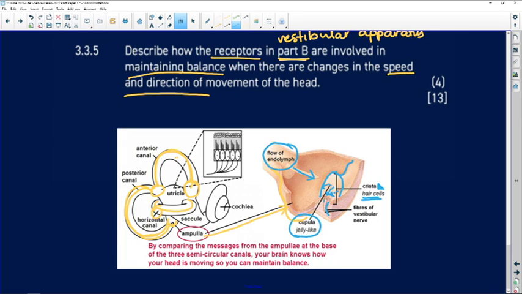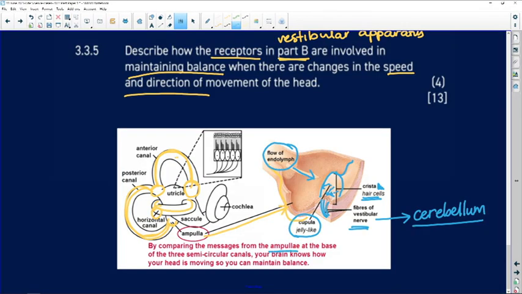And all of this information is fed to the vestibular nerve, which is going to send its information to the cerebellum of the brain in order for this part of the brain to coordinate your movements. So by comparing messages from the ampullae at the base of 3 semicircular canals, so we've got 3 sets of ampullae that are going to be bringing this information, and the brain, the cerebellum, is going to compare those messages.